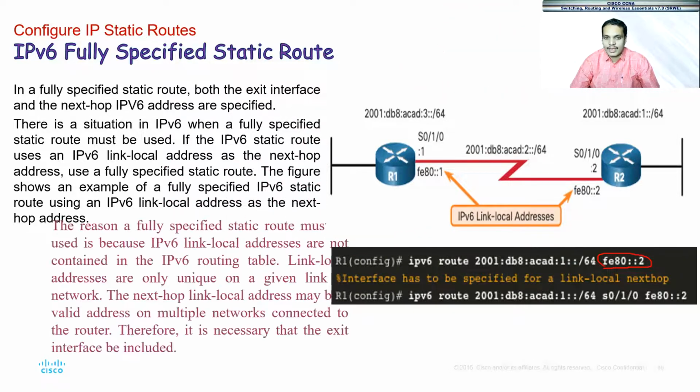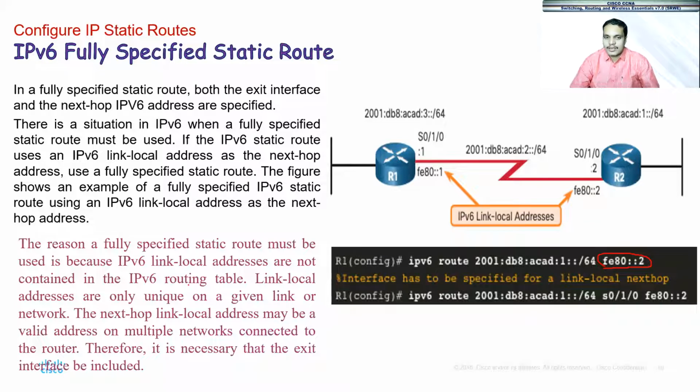The problem is that link local addresses are only unique on a given link or network. You can't simply say FE80::2. You have to mention the exit interface as well as the link local address of the next hop. So these 2 things must be maintained for IPv6.